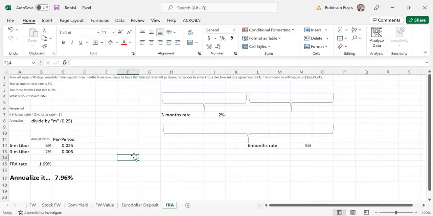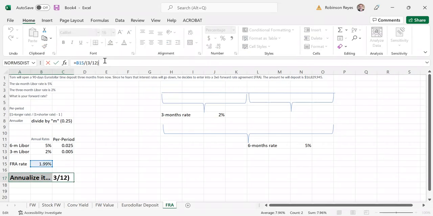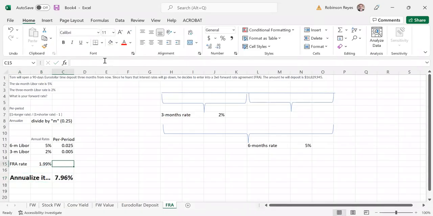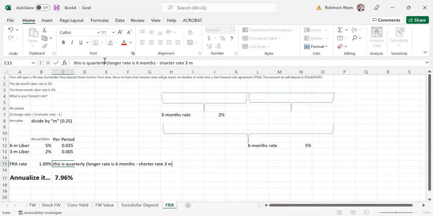So I hope this was helpful, at least you were able to solve this question in the practice quiz and in the quiz. And let's just keep in mind that here we are annualizing, and when we annualize, we are dividing by 0.25 because we are assuming this is quarterly. It is quarterly because the longer rate is 6 months minus the shorter rate, which is 3 months.